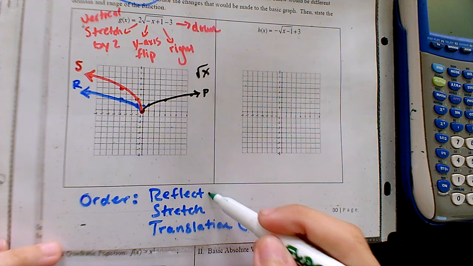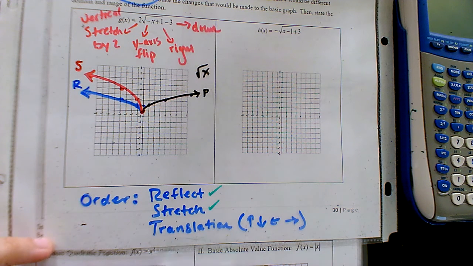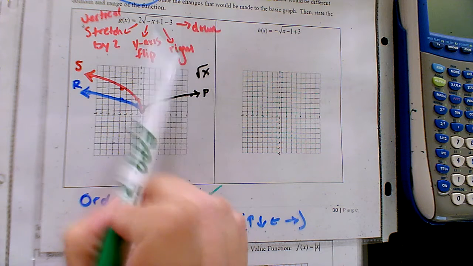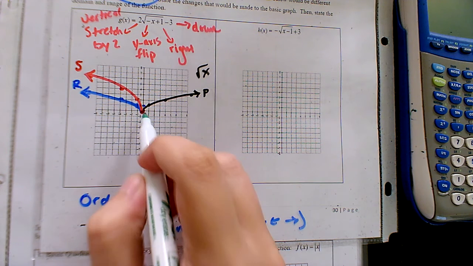All right, so we're going in order. We started with the parent, and then we reflected it, and we stretched it. Last, we need translations. So all of the red points, we're going to move right 1 unit, and then down 3 units.